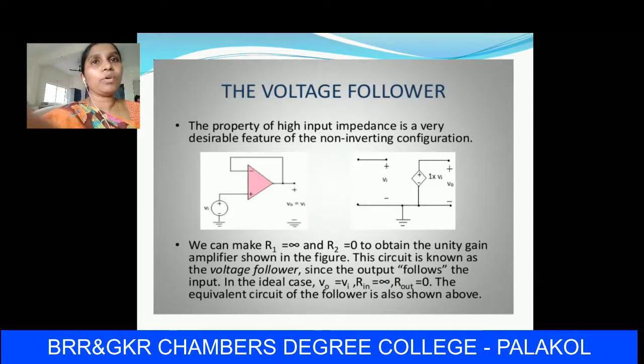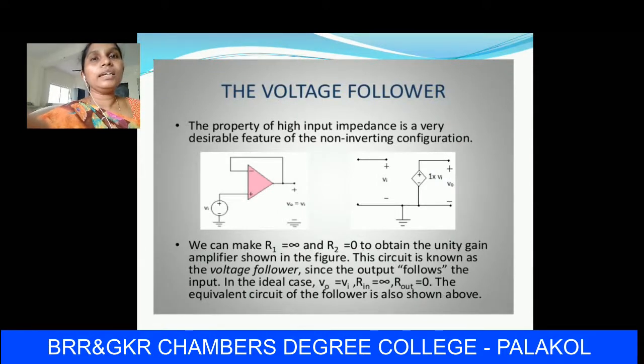Voltage follower means whatever input we apply, the same output will appear at the output without any change of phase. So that is called a voltage follower.